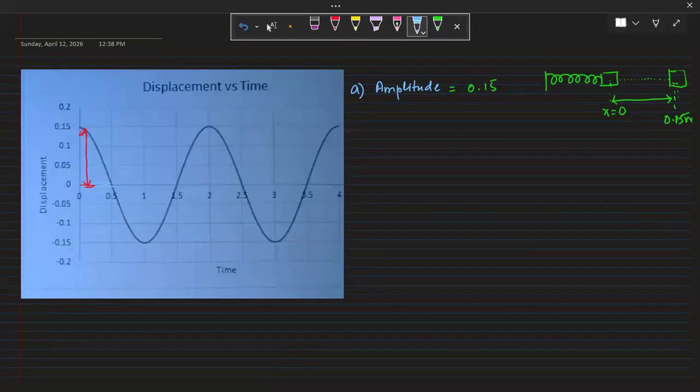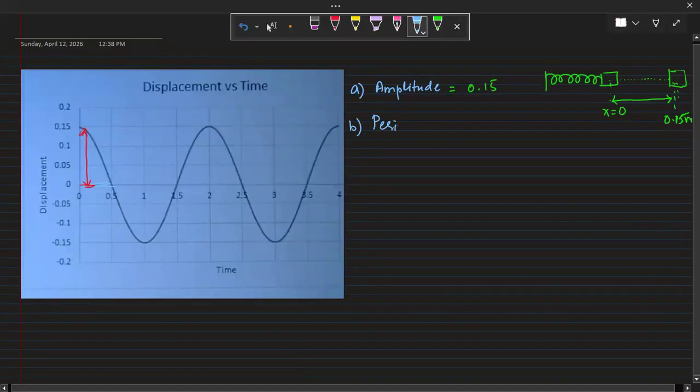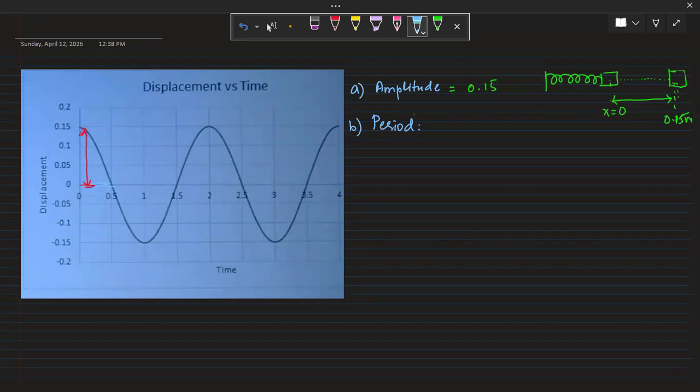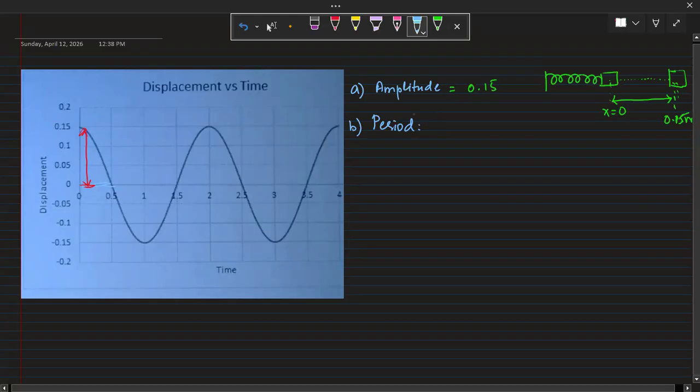Then we talk about the period. How will you find the period? Since we know that period is the time taken by one wave, right? I told you how to count the number of waves, or how you consider one wave. From one peak to another peak, you will consider one wave completion, or you can say from one trough to another trough, the distance between them is going to be one wave, right?